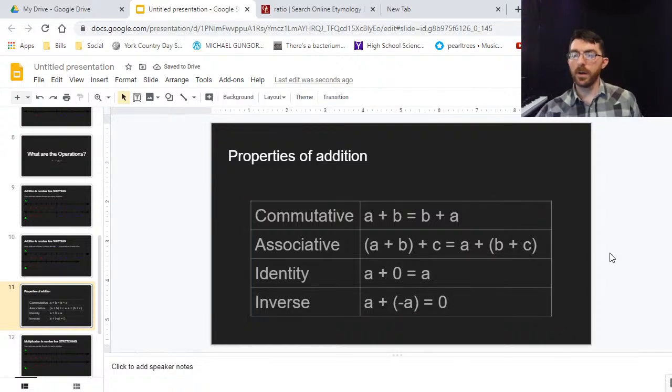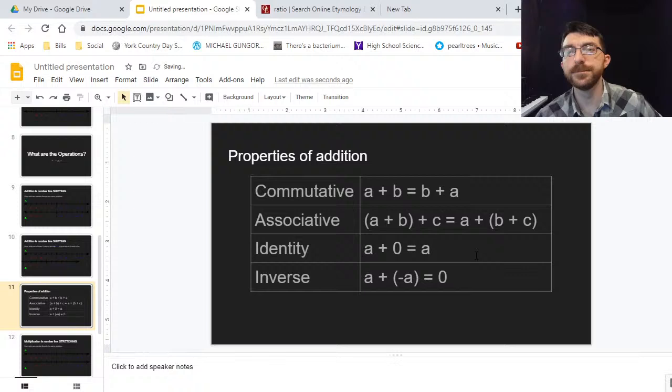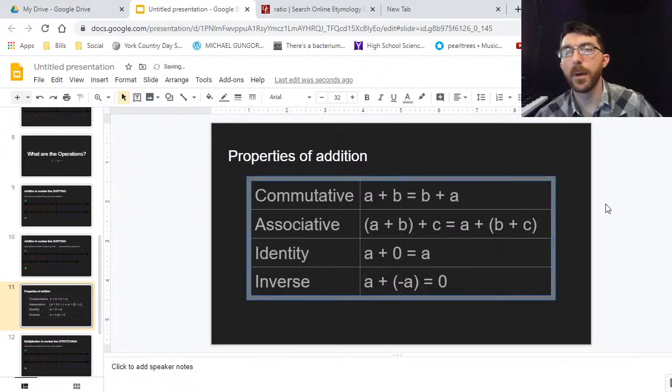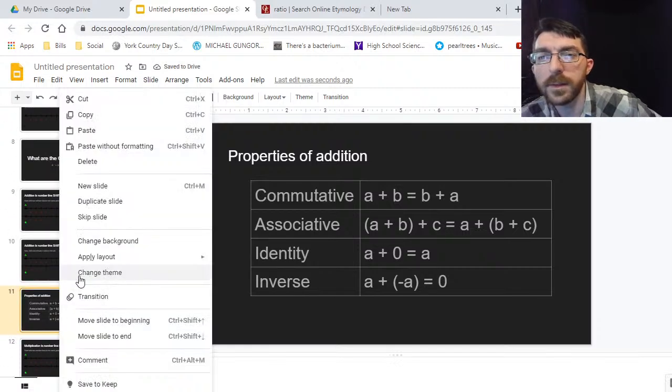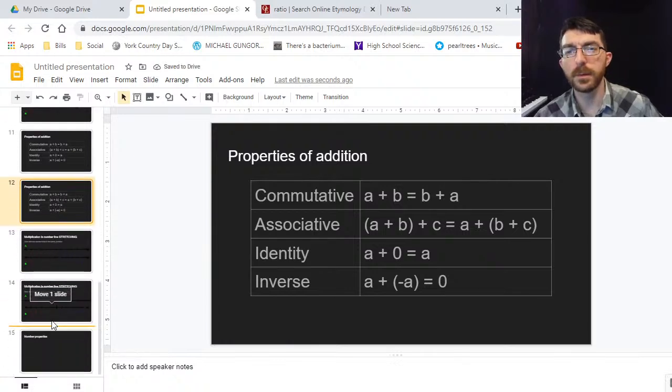Awesome. There are no such properties for subtraction. You just have to treat them all as negative numbers. It's only for addition. All right, I'm going to duplicate this slide, move it to the end.